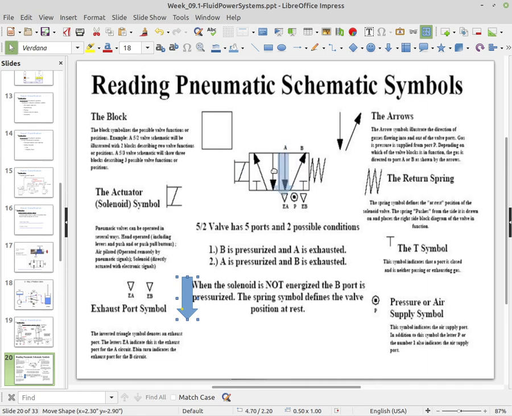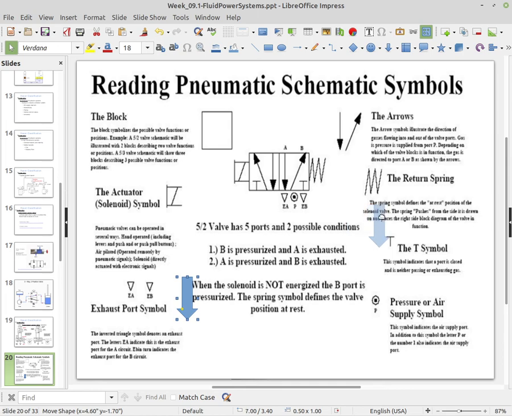So pressure coming from the middle goes out port A into an actuator, and there's nothing going through exhaust A, but pressure is coming into B and then going into exhaust B. And then when the solenoid is released, electricity is removed from the solenoid, the spring pushes it back into the position shown here, so that the pressure that was up in A is now allowed to come back through exhaust A, and pressure from the pump is fed over to port B, basically going to activate an actuator in the opposite direction.